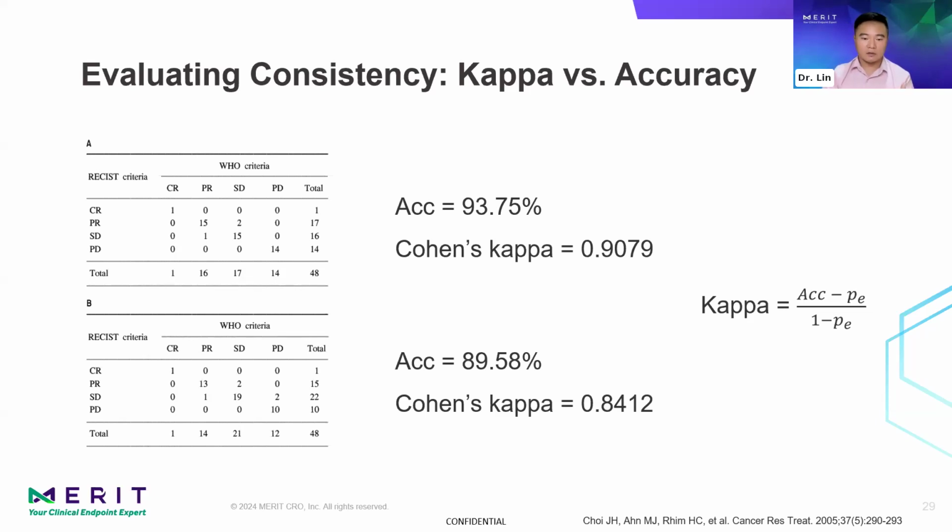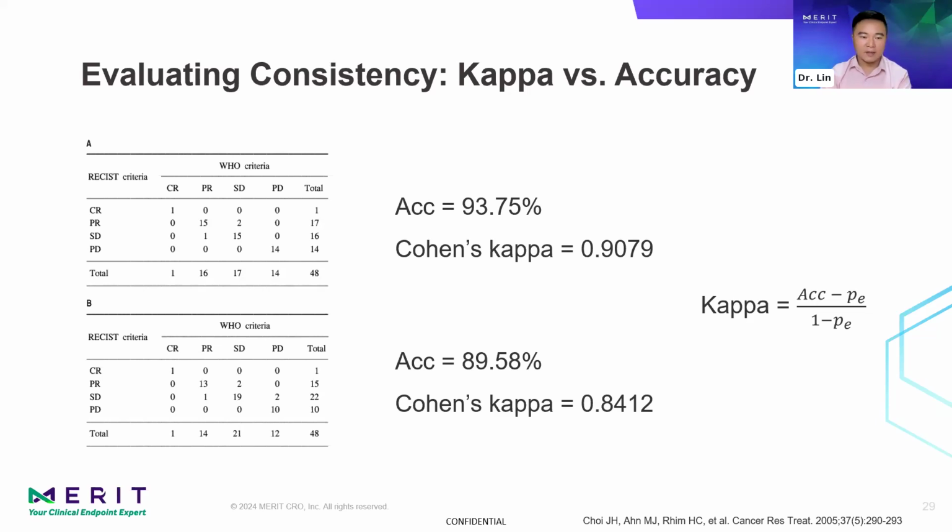Here, the formula describes the PE, which describes the imbalance of the matrix on the left side. So for example, when one or two categories, such as partial response PR and stable disease SD, dominate the distribution, kappa will provide a more accurate representation of consistency.